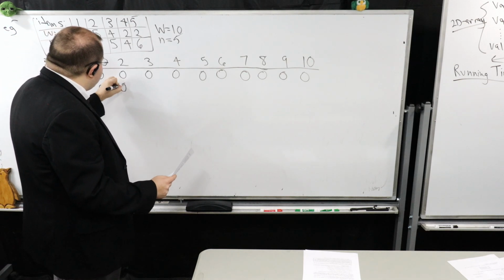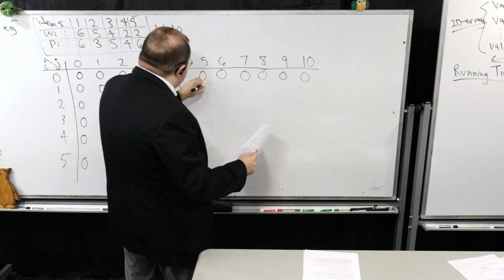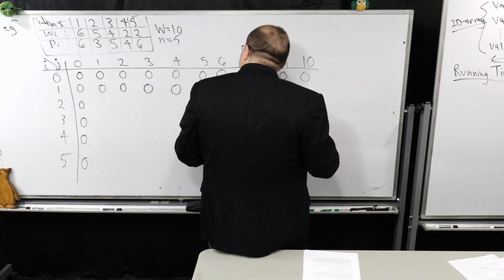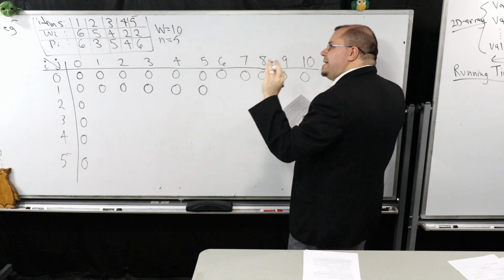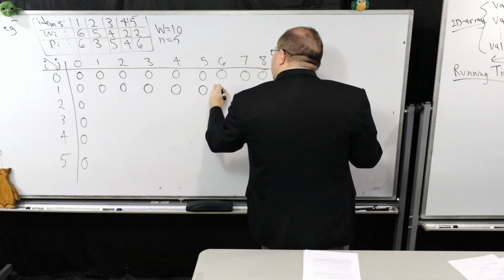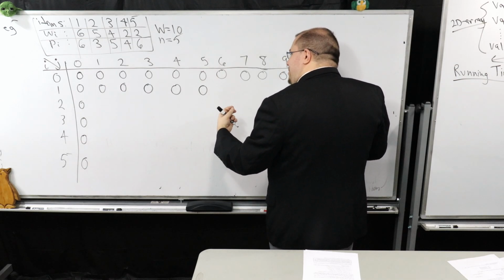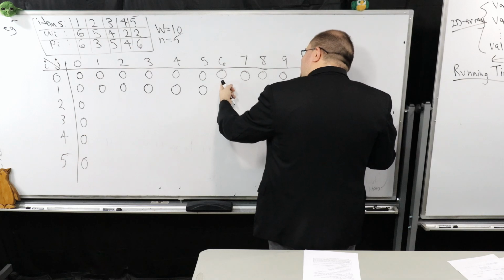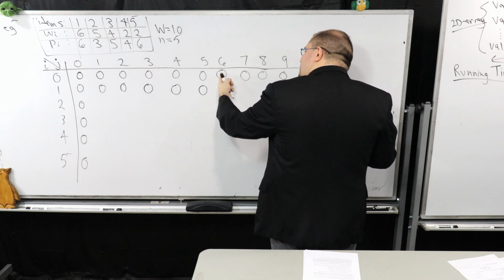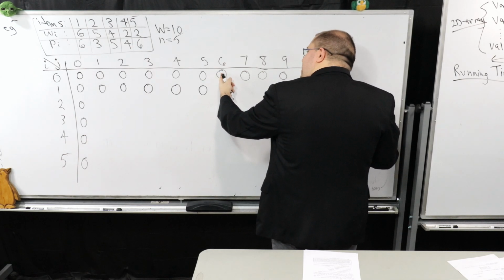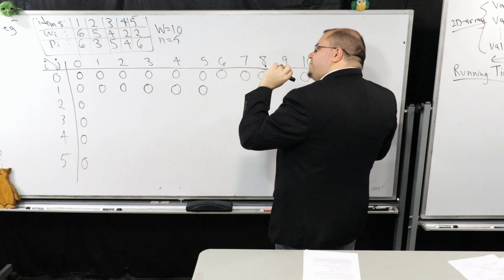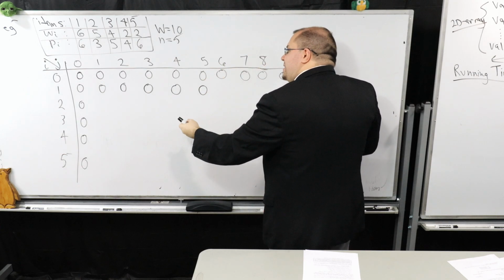So all of these entries are going to be 0 up to this stage. And then I can put in item 1. All you do is say, okay, your choices are either the entry directly above it, or I look in the entry where I have one less item I'm considering.